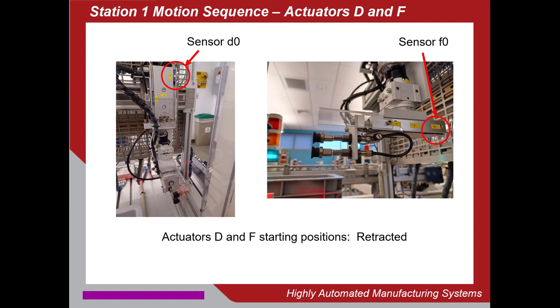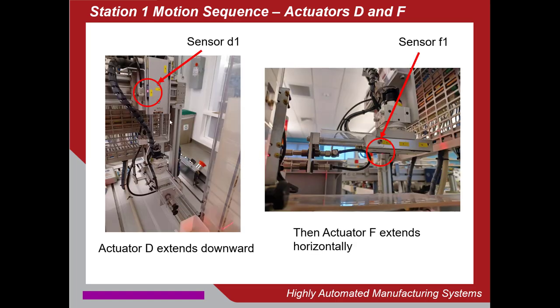And actuator F is also retracted, and its sensor F0 is active. Then when the process starts, D moves down, the D1 sensor becomes active, and then the PLC tells F to move out. And they have to happen in that order in order not to have collisions.